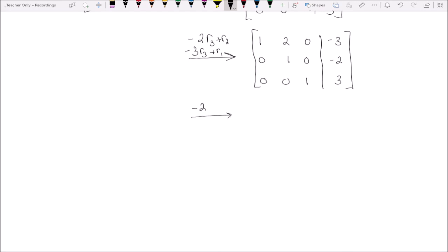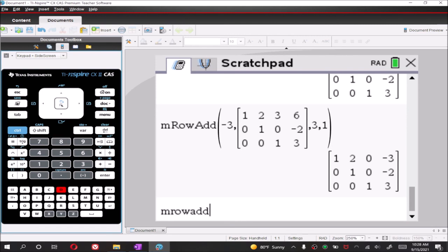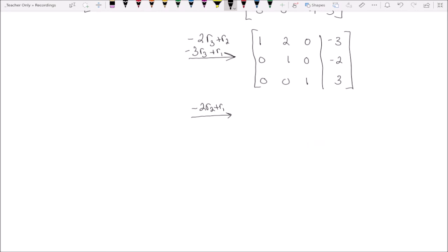Now it's just negative 2 row 2 plus row 1. And we get this matrix. This is now an RREF.